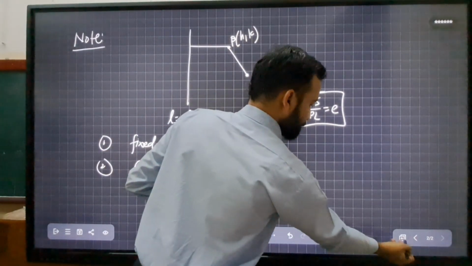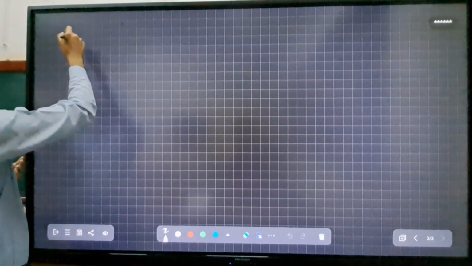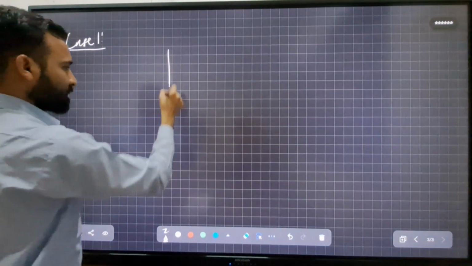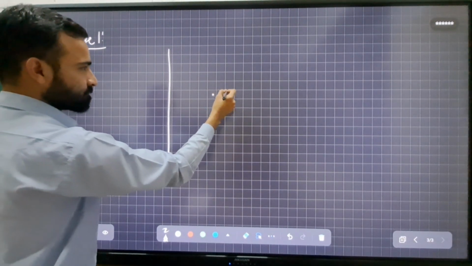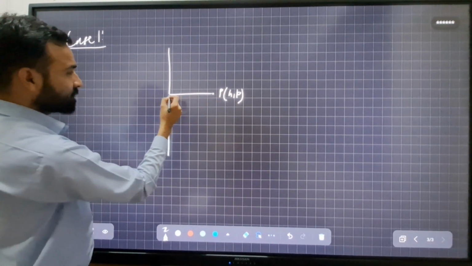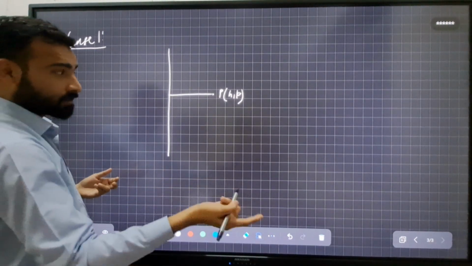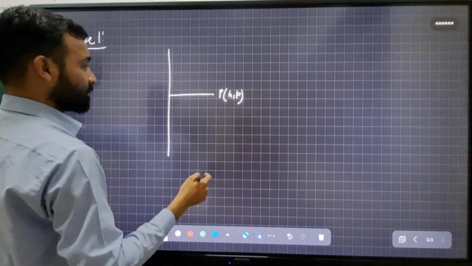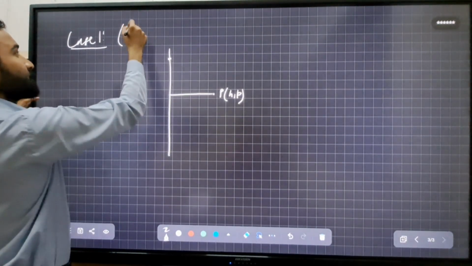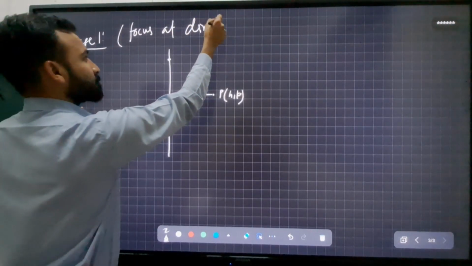Now next thing, right? So now I am taking a case here, case 1. In this case there is a line and there is a point P, h comma k. From this point we will take the perpendicular distance, right? And there should be a point also, that is the focus. So in case 1 I am taking the focus at the directrix.